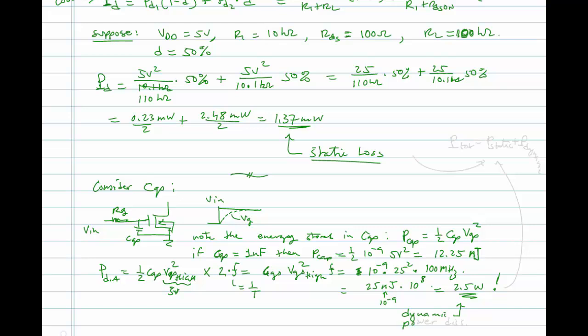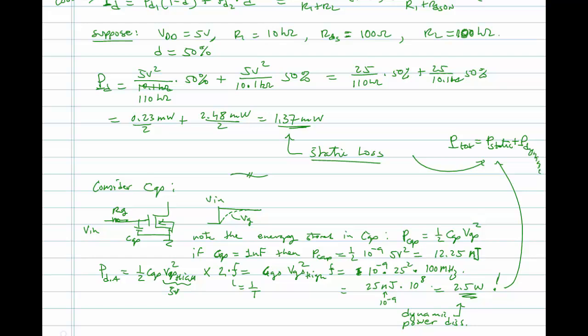Dynamic power dissipation. Okay, so it really takes the sum of the two, the static loss. So you add them together here and you say P total is going to be equal to the static loss plus the dynamic loss.